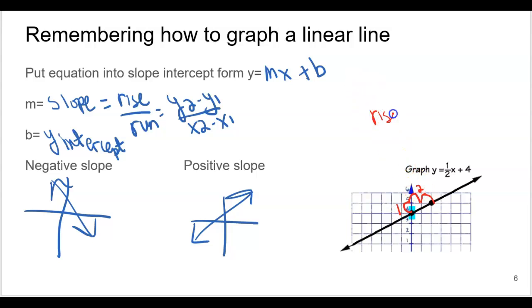So my rise over run was up 1 over 2. So if you're given a graph, that's a way to think about it. So that's how it got the 1/2. And then our 4 was our y-intercept.